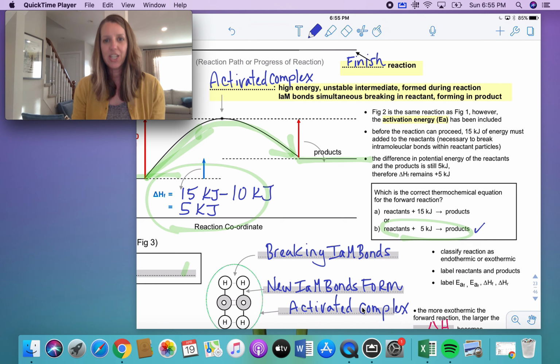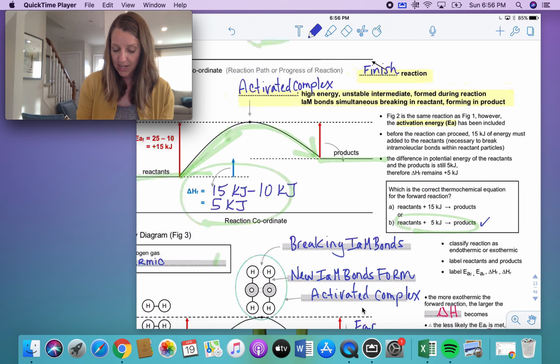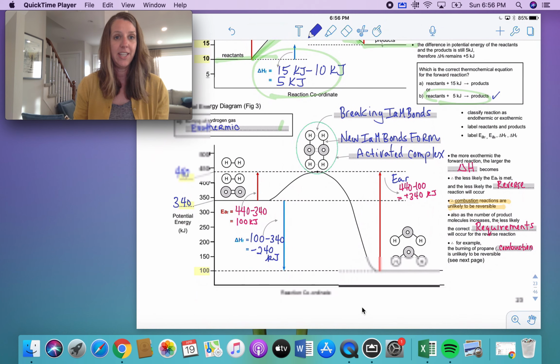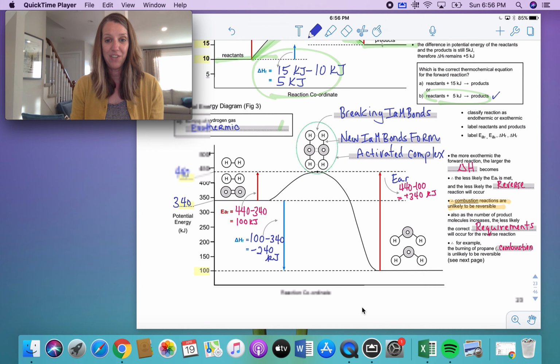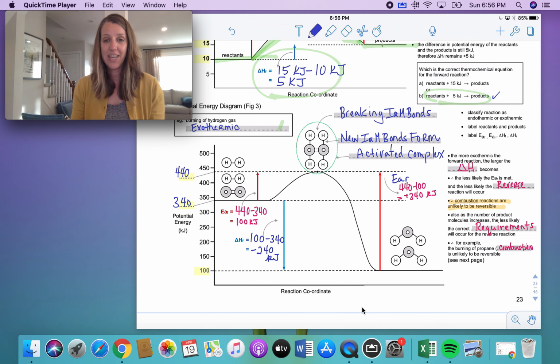The intramolecular bonds are simultaneously breaking in the reactants and forming in the products. Okay, so that's your example right here. They've shown you what the activated complex could look like if you had a reaction where you've got hydrogen gas burning with oxygen gas and producing water.